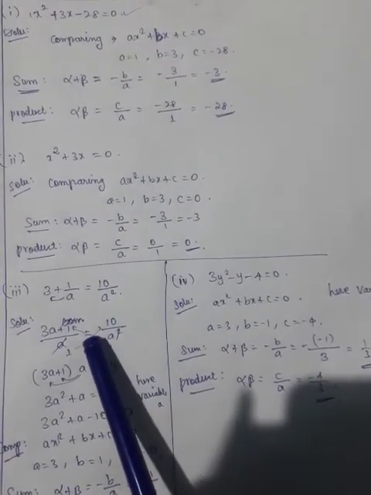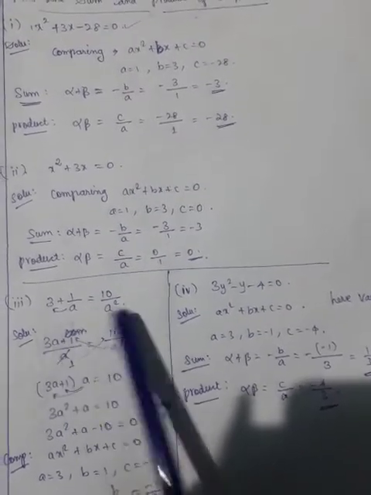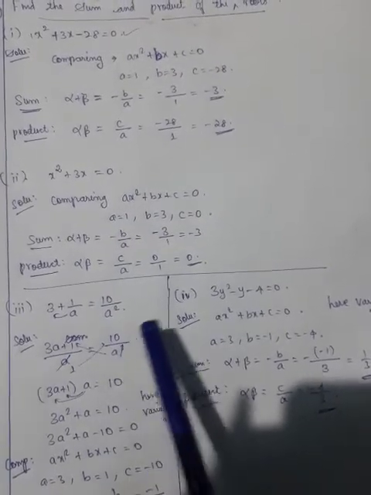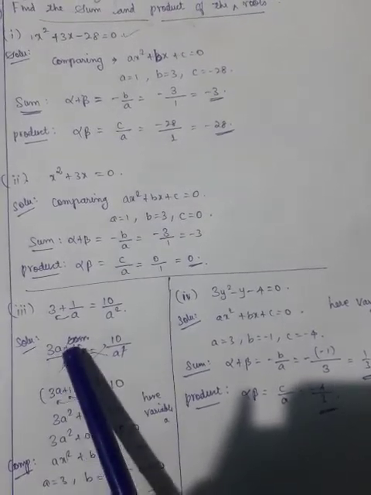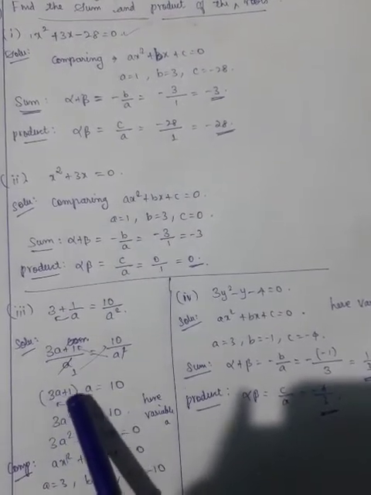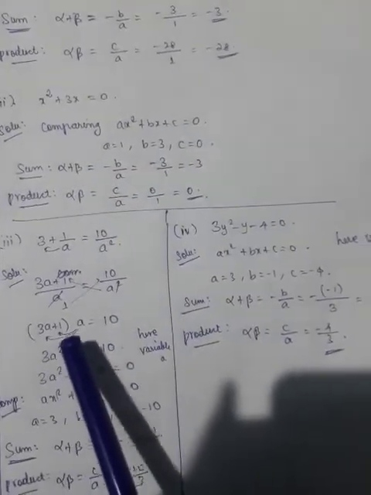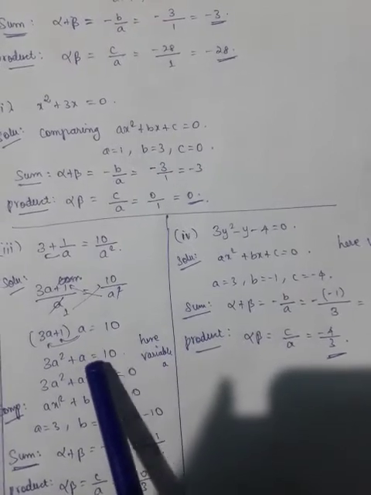On both sides, we can cancel the denominator part and the numerator part. This is a max rule. So one a cancels, another a is here. So a into 3a plus 1 equal to 1 into 10. So 3a square, a into 3a, 3a square, 1 into a, equal to 10.